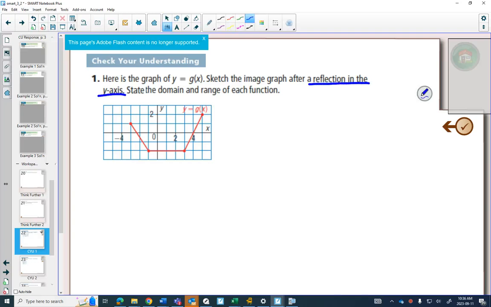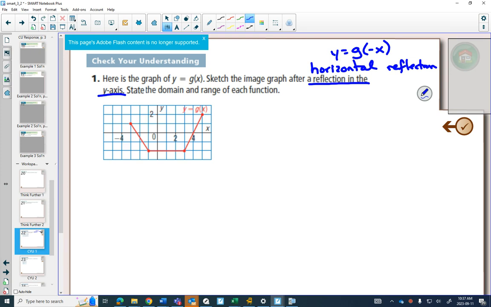Okay. And above that I've underlined, I'm going to write a couple of things. I'm going to write horizontal reflection. That makes me think about the words, makes me think horizontally. Anything that happens horizontally happens with the x. So I'm also going to write the algebraic or the function notation.